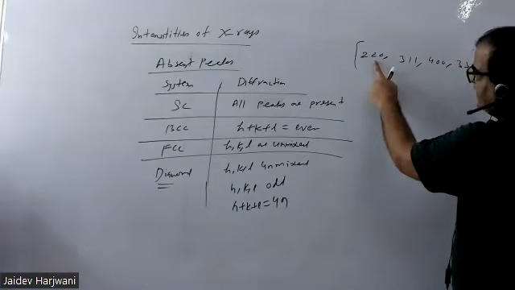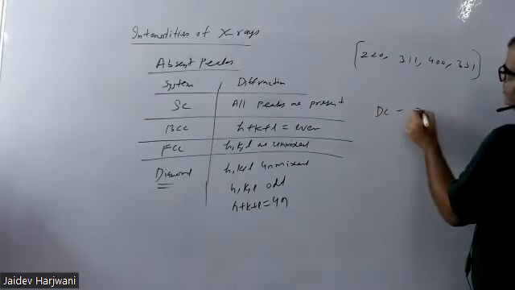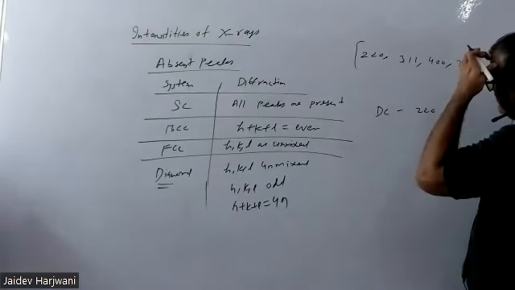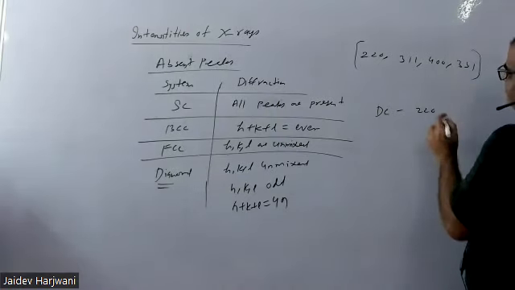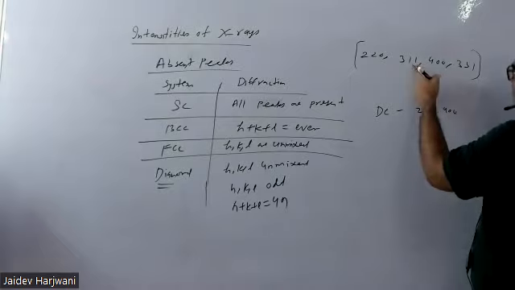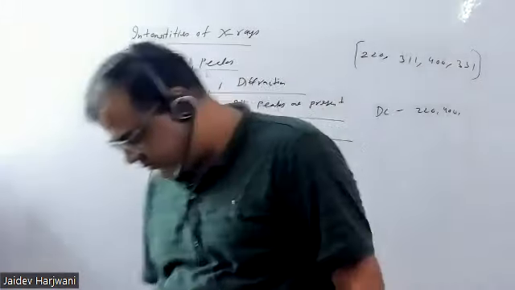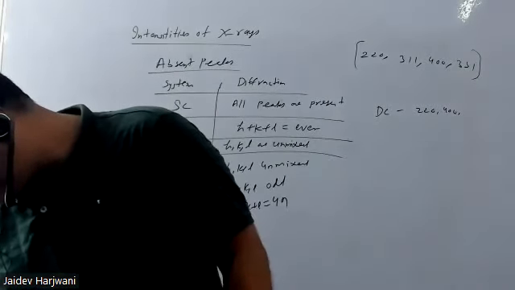So the first one, 2 2 0, will be present in diamond. Which other ones will be present in diamond? 4 0 0. What about this one, 3 1 1?